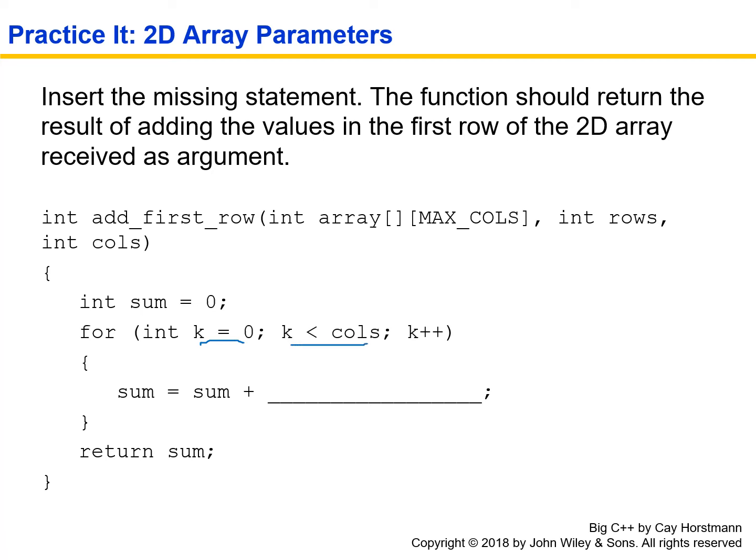So k is going to be our second index in the array, and we're always using the first row. So we're going to do sum is sum plus array at 0 sub k.